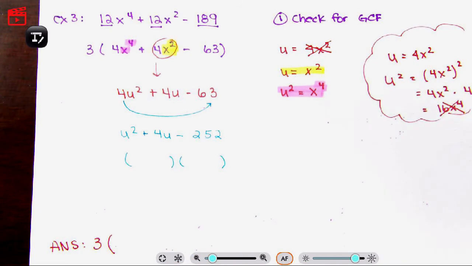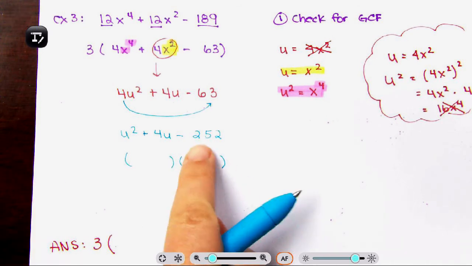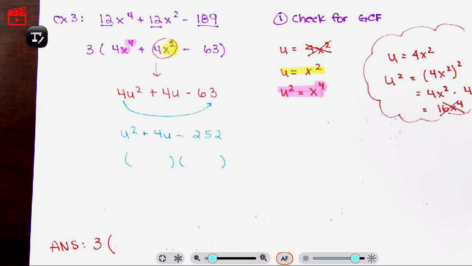So let's see. Two numbers that multiply to 252, but when I add them, it gives me 4. So I know it's going to be a big number. I'm going to start talking about factors of what goes into 252 when I multiply. I know 2 does, but 2 is probably going to be too small. So let's try 24. 24 doesn't work. 252 divided by 26. Nope.